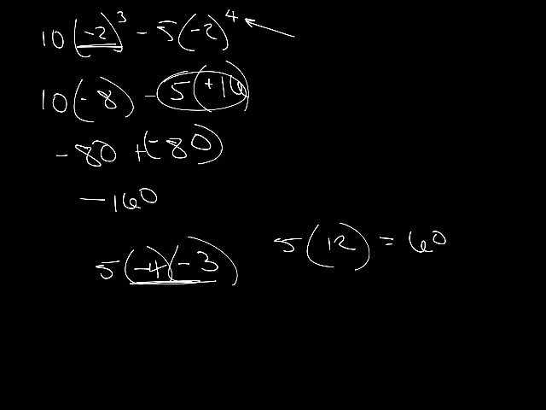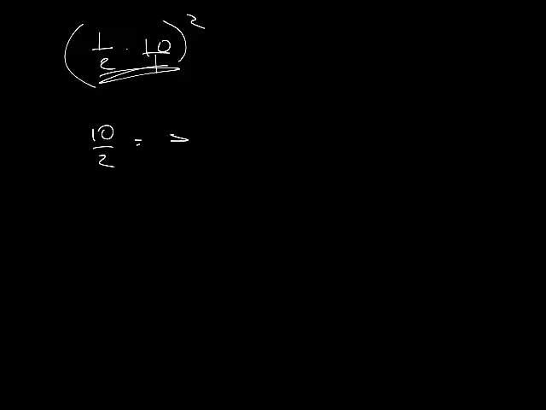Look all the way down to number 56. And number 56 says we've got 1/2 times 10, and we're going to put that whole thing in parentheses. We're going to do what's inside the parentheses first, because remember, PEMDAS says parentheses. 1/2 times 10 over 1 would give me 10 over 2, which is 5.